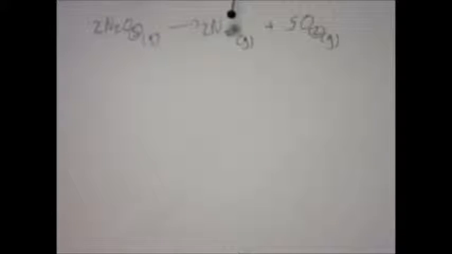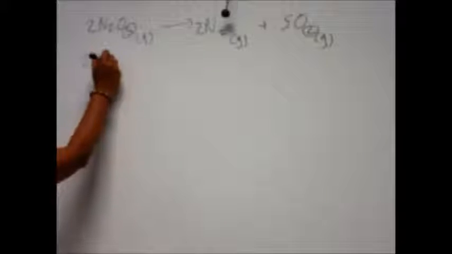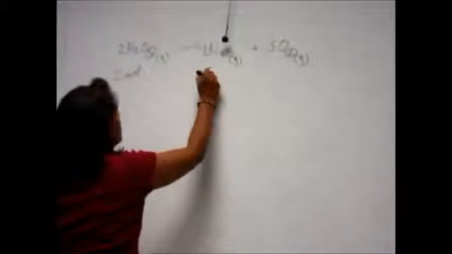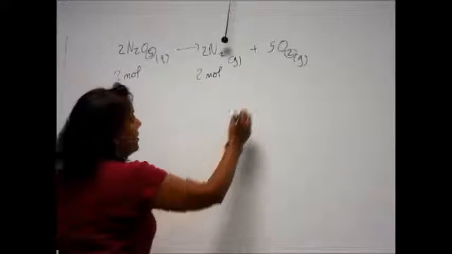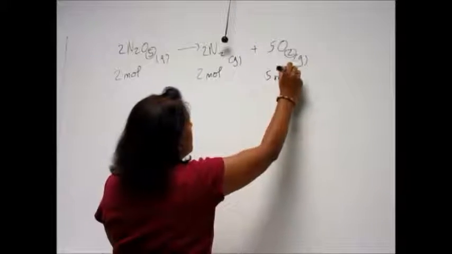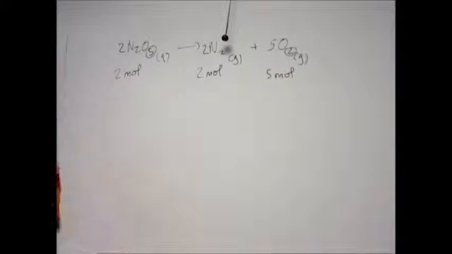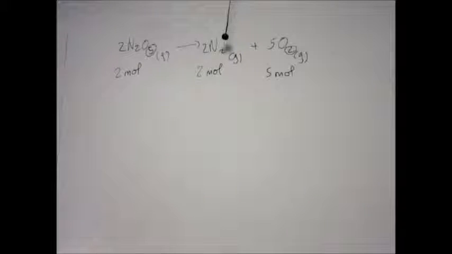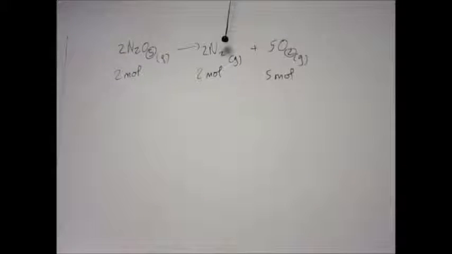What does this tell us? This tells us that we have 2 moles of dinitrogen monoxide, 2 moles of nitrogen, and 5 moles of oxygen. Good?